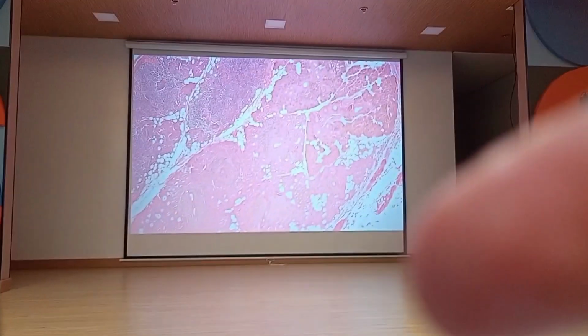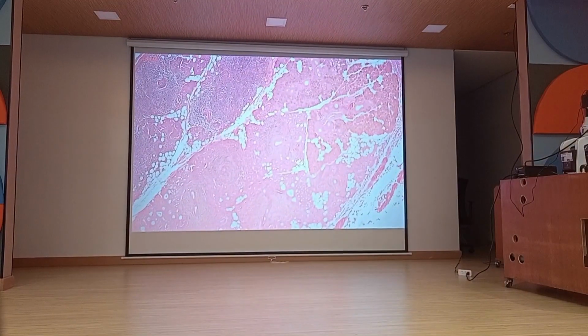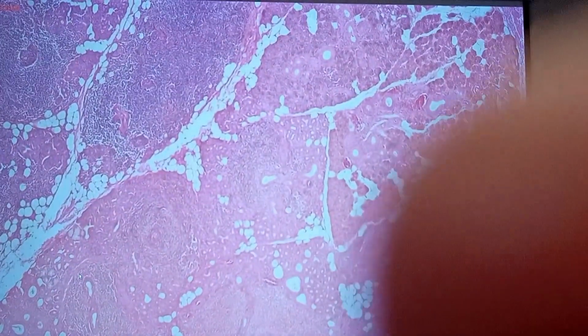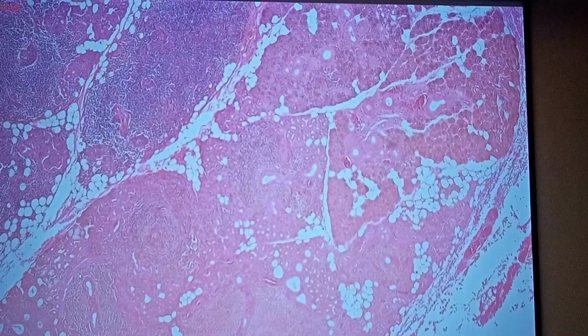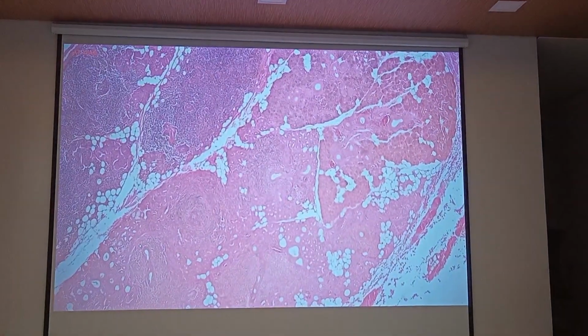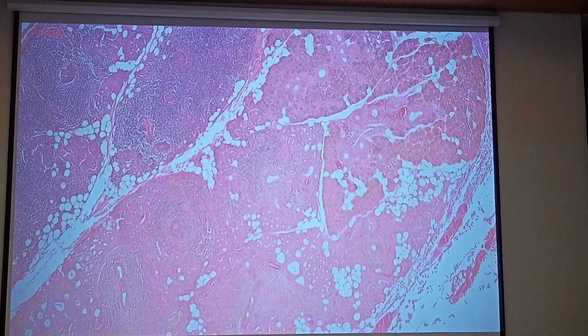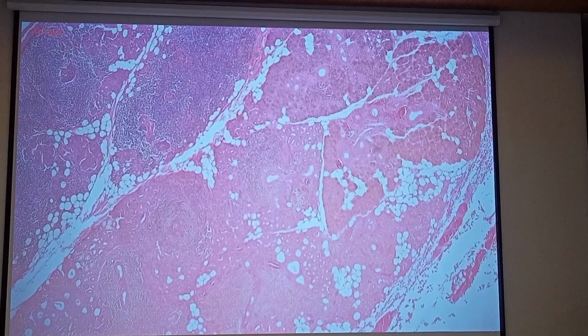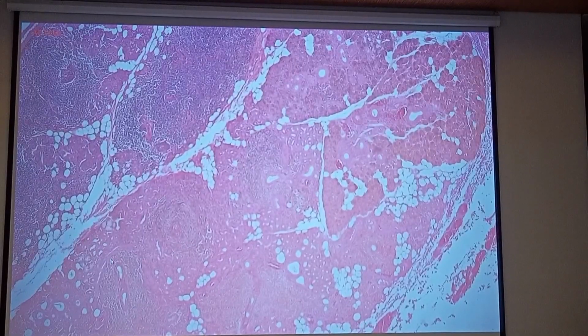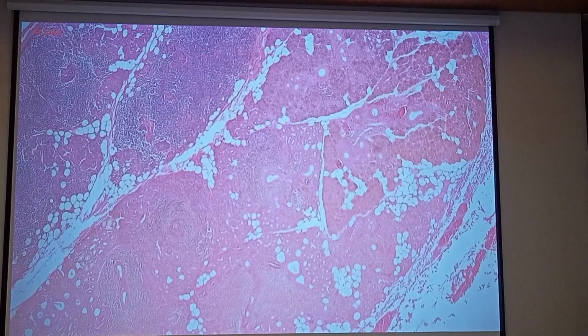It can also involve other secretory glands like your lacrimal gland. So dry eyes as well. Dry throat, dry everything. And you've got dry eyes, metaplasia of your cornea or the sclera.